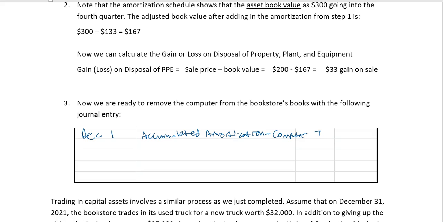It will be 733. So this number comes from 600 straight from your schedule and 133 more, which we just calculated, 2 months out of the year. And then we have collected cash. So cash goes up. It's a debit of 200.